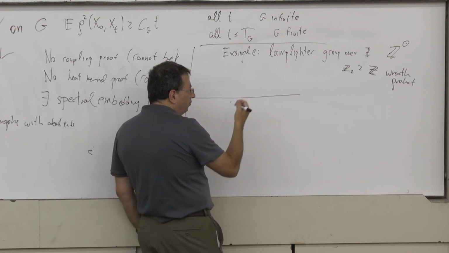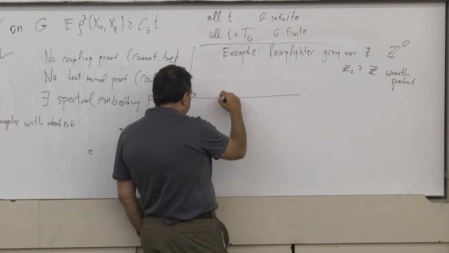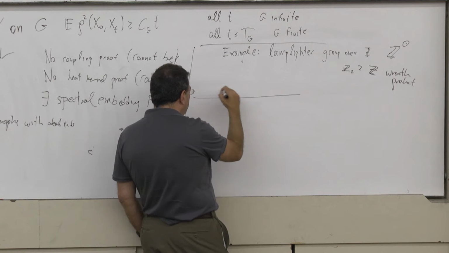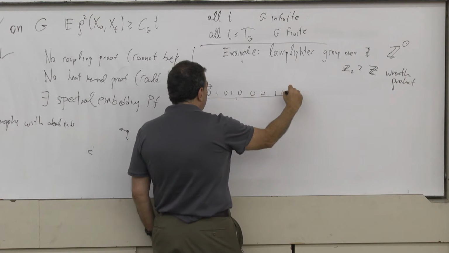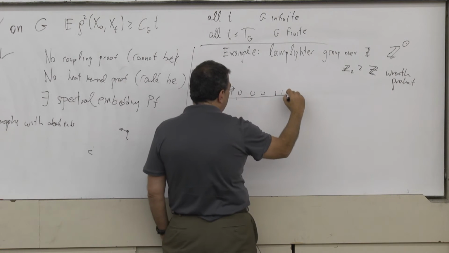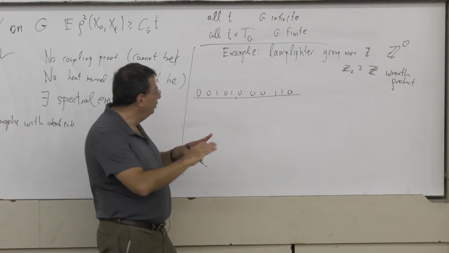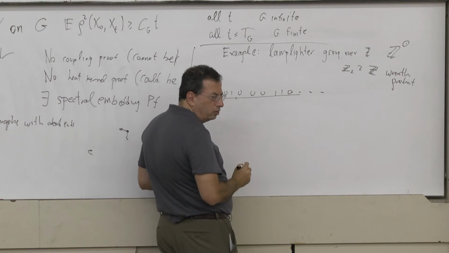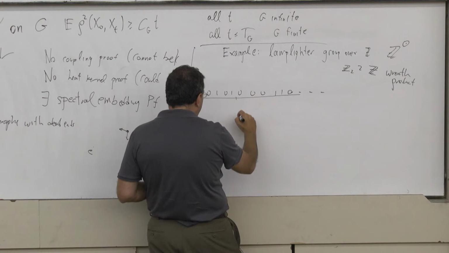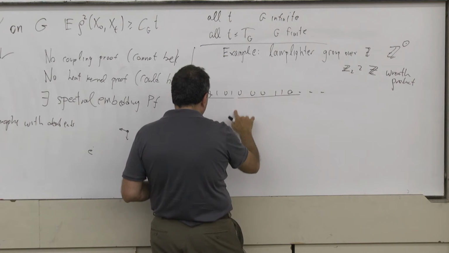So an element of the group really is obtained as follows. It's a sequence of zeros and ones, which we think of as on-off lamps. But only finitely many lamps are on. So we have a sequence of zeros and ones with finite support. So it's eventually all zeros, but there are some ones that represent on lamps. And in addition, we have a marker pointing to some integer.